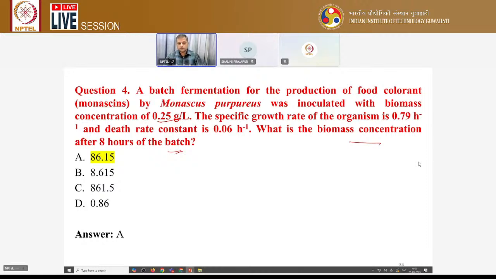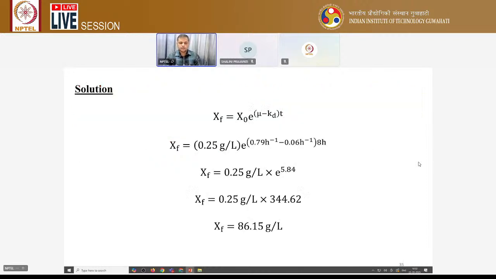So we know in the case of batch culture, X is X naught e to the power mu t. Now this will be replaced by X naught e to the power (mu minus Kd) into t. So you get X as 86 gram per liter.